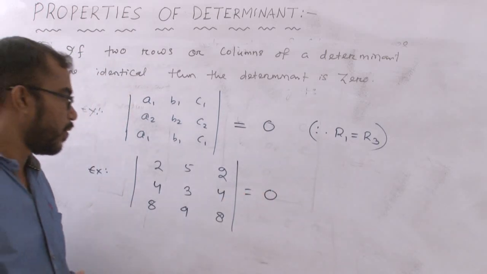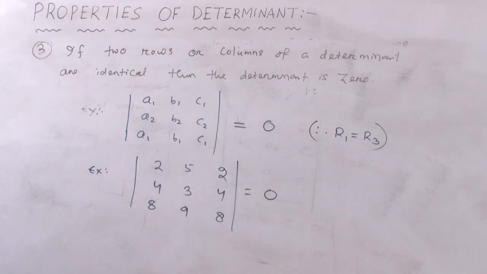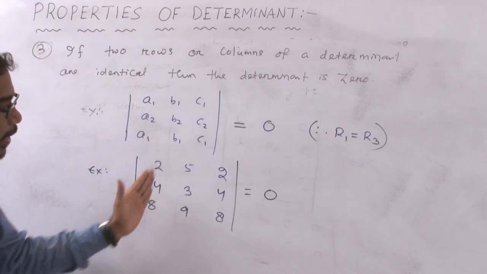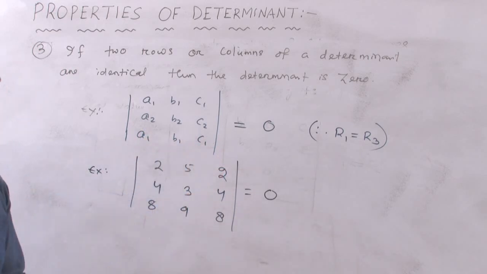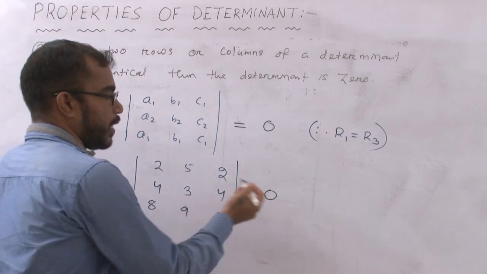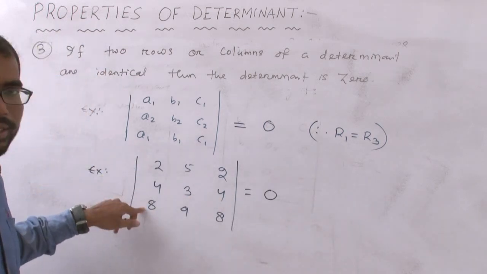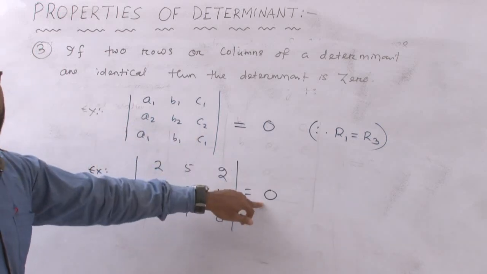Why? Because in this determinant, the elements of column 1 and column 3 are equal or identical. So if we solve this determinant, we will also get the value 0.